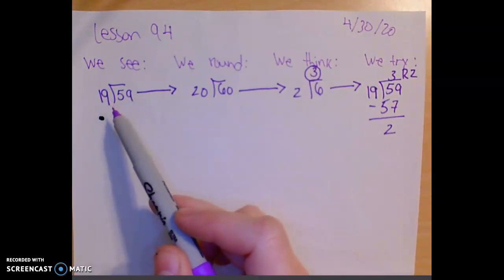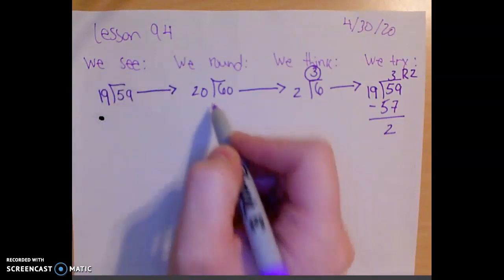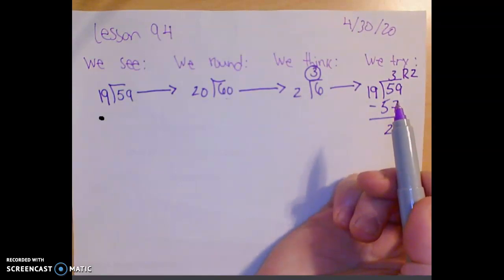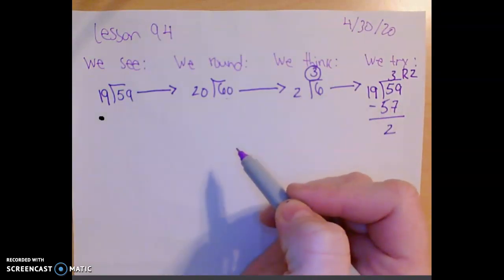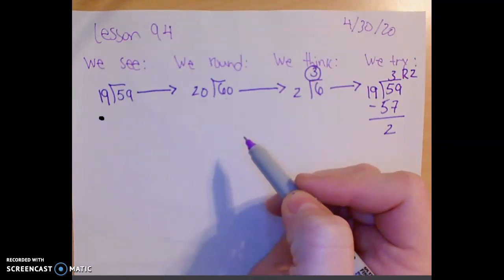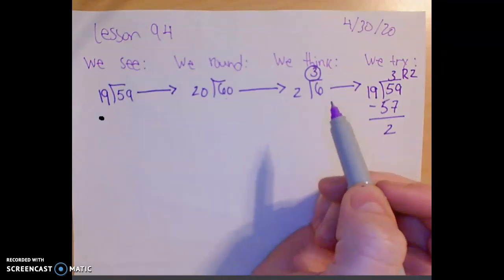They're not compatible. It's going to be difficult to divide them. So I'm going to create some compatible numbers here by rounding. Again, this estimation is not going to be our answer. This is just how we can mentally round both numbers to the nearest 10.